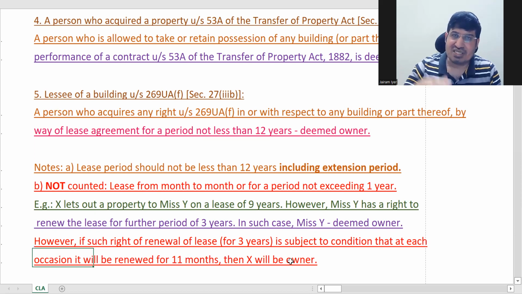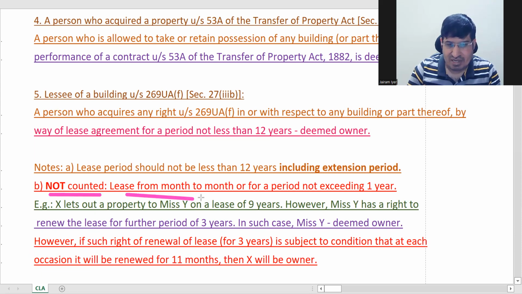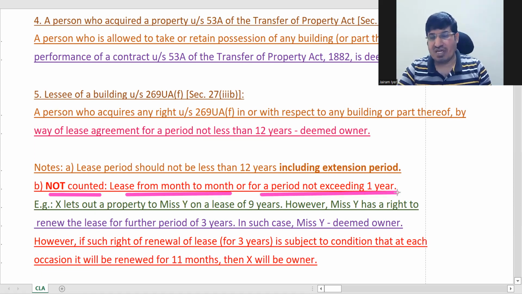So it is an extension for less than 12 months, correct? See what is not counted: lease from month to month. So any monthly lease or any period not exceeding 1 year, any period of less than 12 months, even if it is 11 months, 29 days, okay, still it will not be counted.